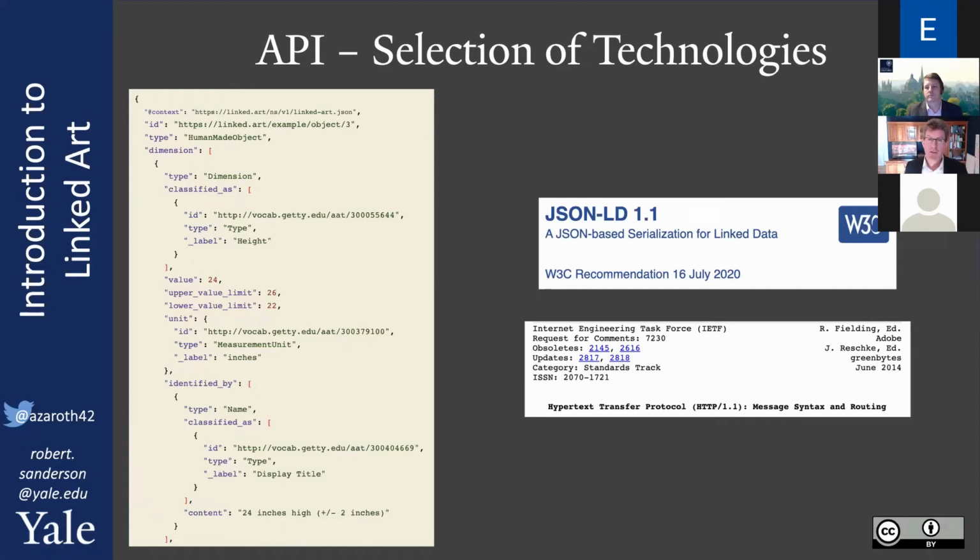APIs also need to take into account the interaction between systems, and for that we use the web, of course, the world's largest and greatest information system, meaning, of course, we use HTTP. We follow REST principles. Things have identifiers. When you dereference that identifier, you get the thing, as opposed to a service-oriented architecture.